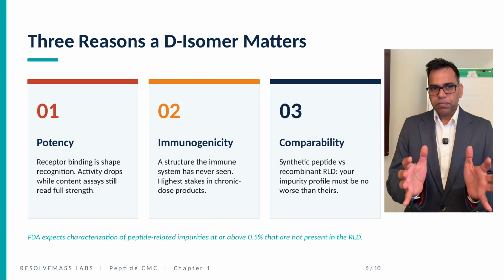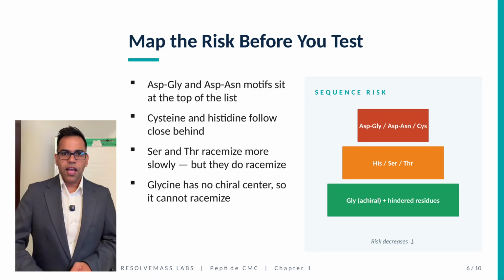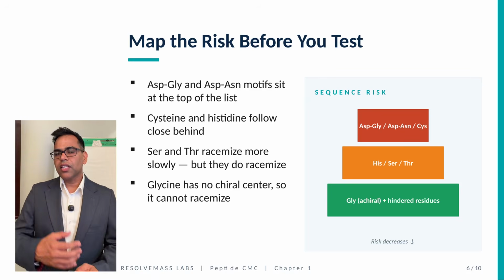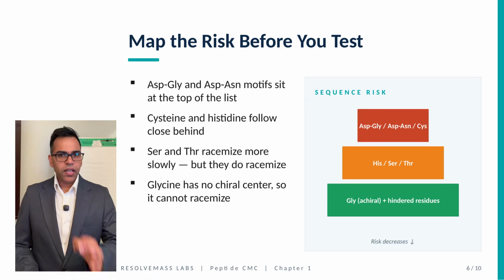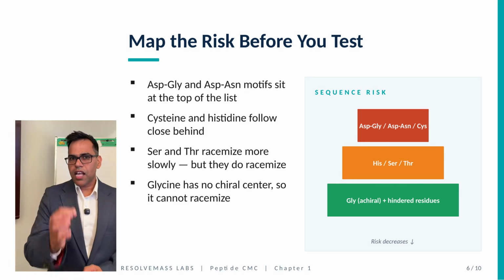Map the risk. Not every sequence carries the same exposure, and you can map this before running a single sample. Aspartic acid followed by glycine or asparagine is the classic hotspot.